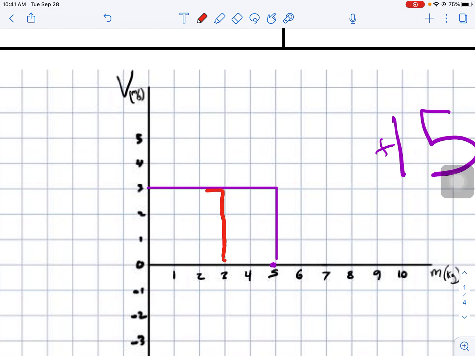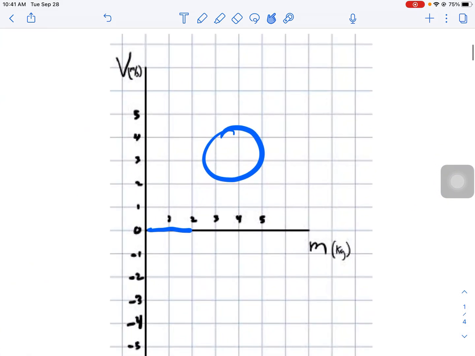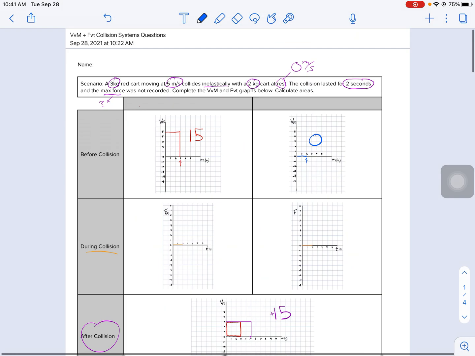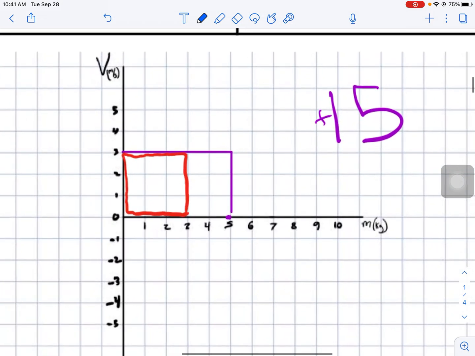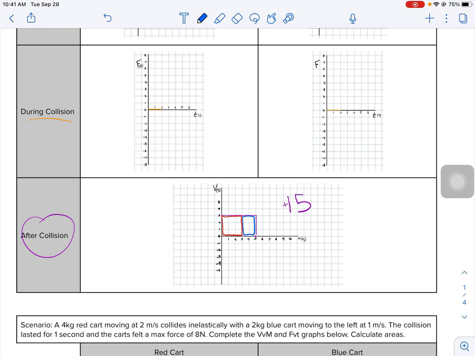It's 3 kilograms. It's moving at 3 meters per second. So inside that box, I'm going to draw my red cart. And then with my blue cart, that was 2 kilograms. That's the remaining mass. So I'm going to fill that in here. And now I can solve.